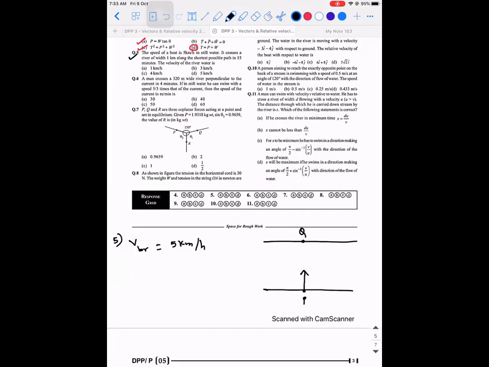It will get drifted. Okay. This is the velocity of the boat with respect to river. This will be the direction of the velocity of the river. And this will be the velocity of the boat.